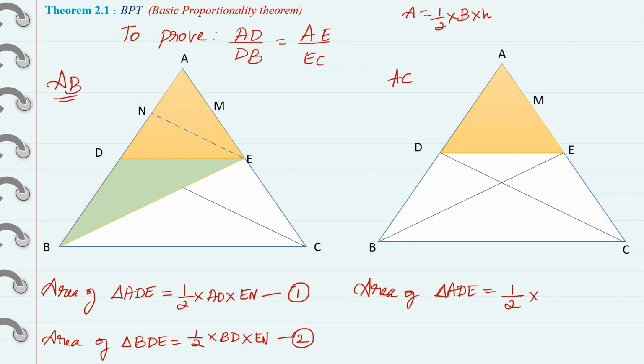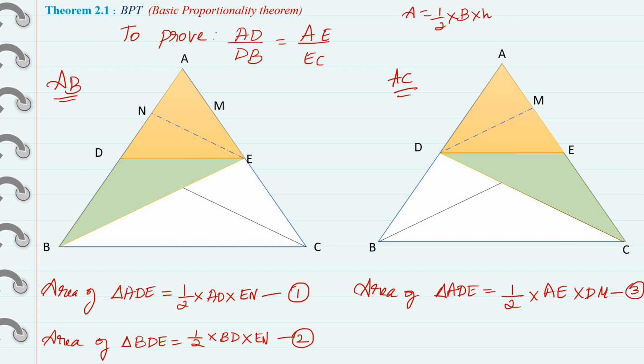You cannot write AD as the base because we have to concentrate on the AC side, right? So I'm taking the base as AE. Then if AE is the base, what is the height of that triangle? DM, right? DM is the height of triangle ADE. So I'll name it as equation number 3.